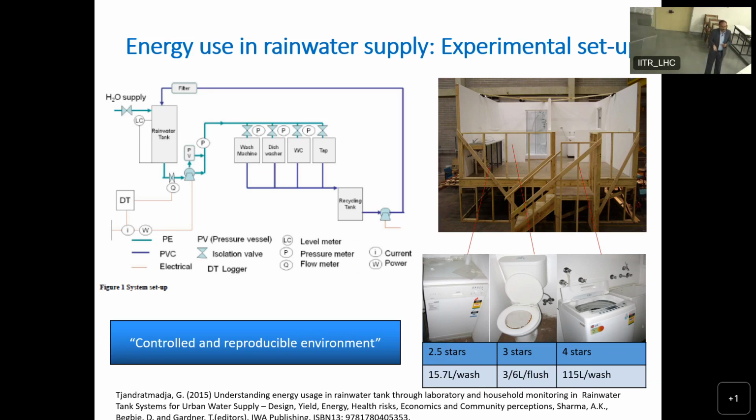If it is underground, you don't have any option other than pumping it. So we did some work based on that, and there is one complete chapter giving all that information about energy, usage, and the rainwater system.